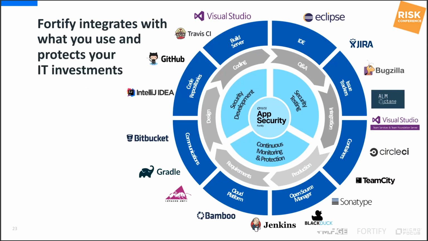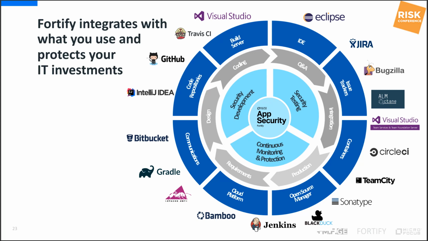Regarding the integration with the different tools, we can see it here: every stage of the software development lifecycle is supported by our product. So, if, for example, you're using a CI/CD server like Jenkins, we can automate all the processes by integrating to it and building in the pipelines. We can work with, for example, Jira or Bugzilla in terms of opening tickets for the issues.